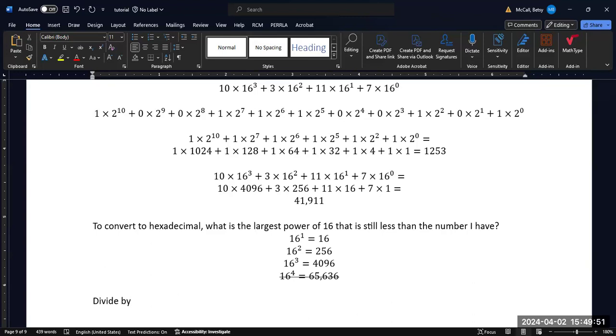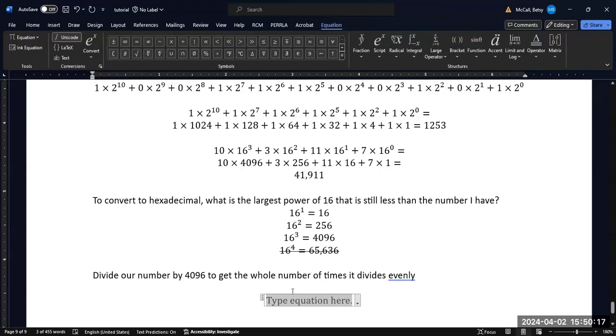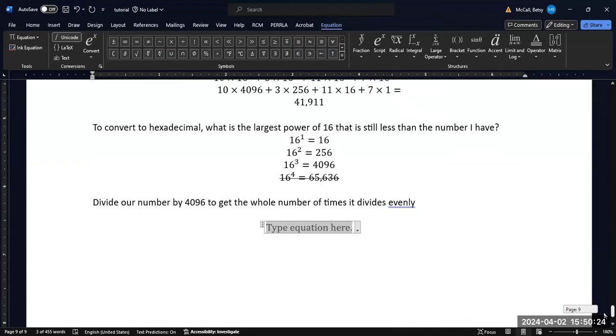So we're going to divide our number by 4,096 to get the whole number of times it divides evenly. So, what was our number again? 23,721.